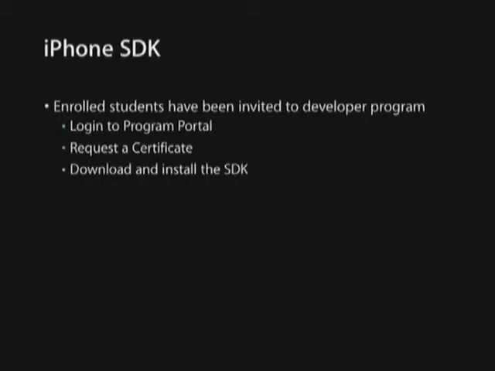So go to the invitation, accept it, request a certificate. A certificate is basically an individual key in order to be able to build applications. So request a certificate, we'll approve it as soon as we can, and then download and install the SDK. All that is linked there. If you did not receive an invitation, again, please email us, cs193p at stanford.edu, and we will get to you.